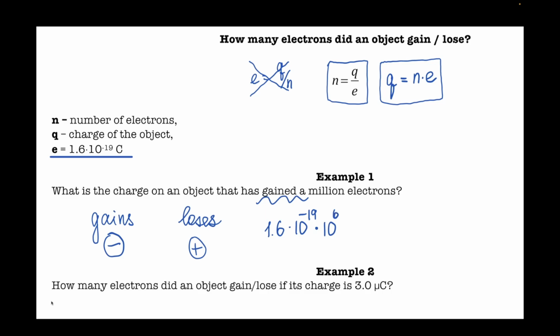Remember how you deal with powers. When you multiply, you add the exponents. So negative 19 and 6, when I add them together, I end up with 1.6 times 10 to the negative 13 coulombs. And because I'm looking at it gained, the charge on my object is negative. Gaining electrons creates a negative charge.